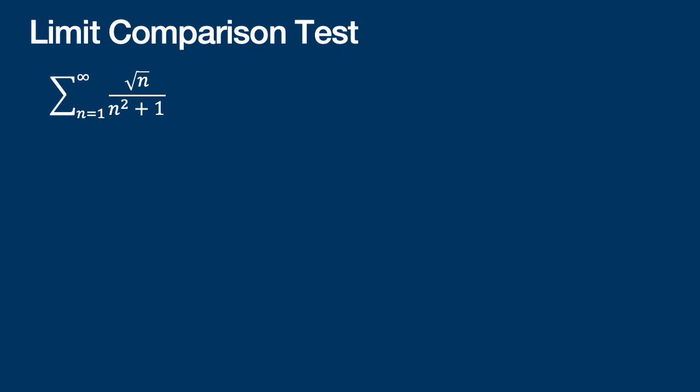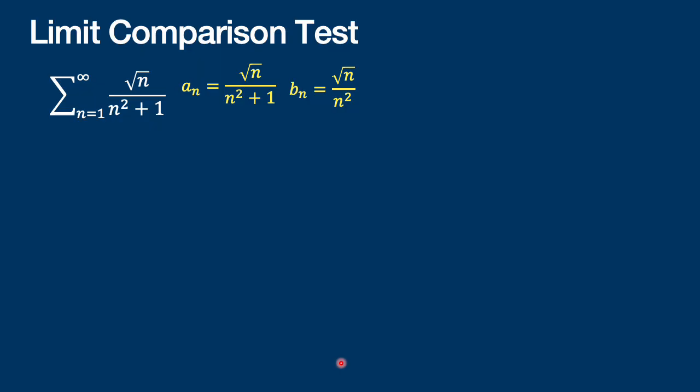Let's have another example of the limit comparison test. What is a_n, guys? That's going to be square root of n over n squared plus 1. What is b_n? Just drop the constant term, or take the dominating term. b_n is going to be square root of n over n squared. Let's simplify.